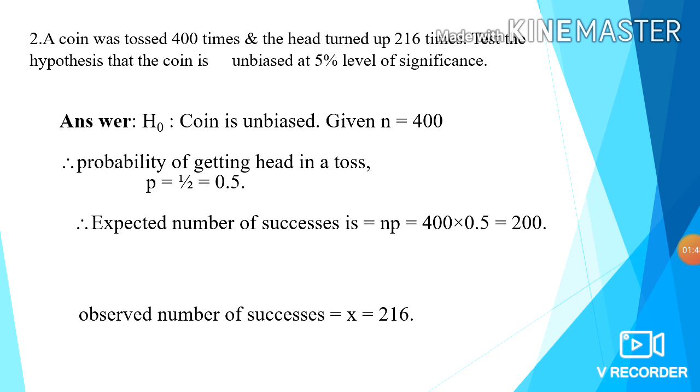Try to understand the difference between observed and expected number of success. Observed is 216, and expected is n into P. Since n is 400 and P is 0.5, we get 200.